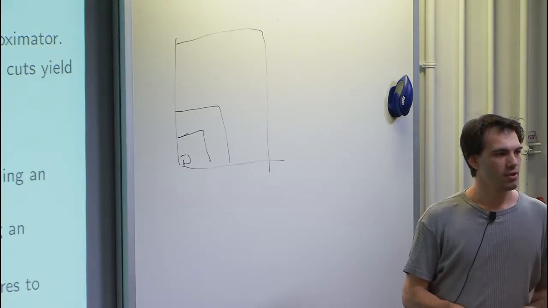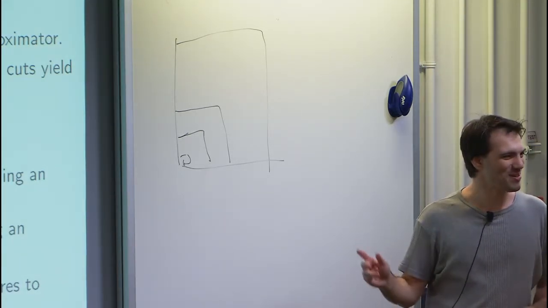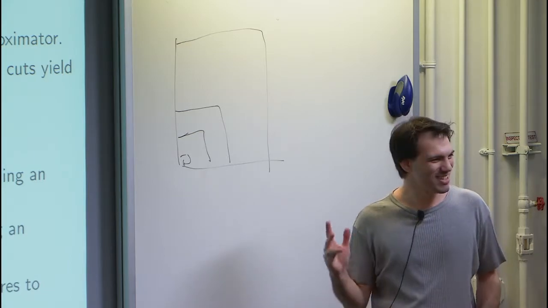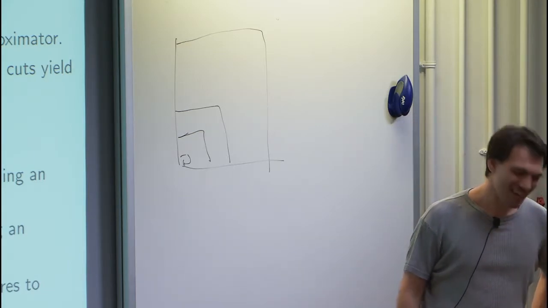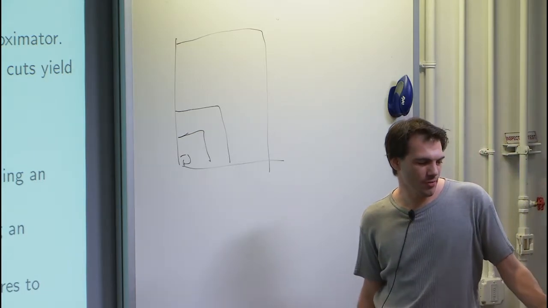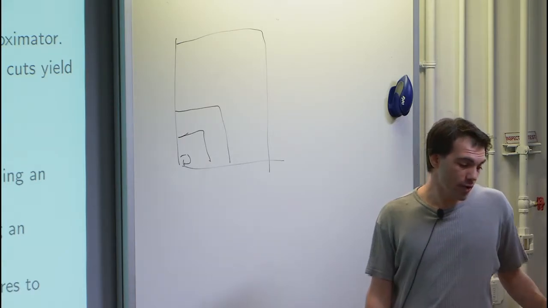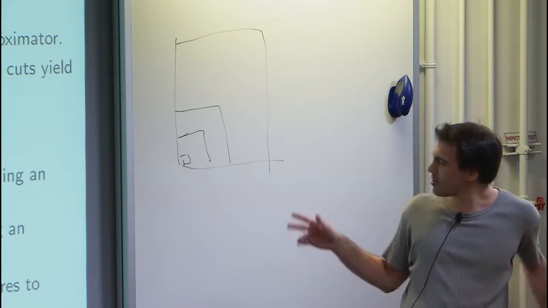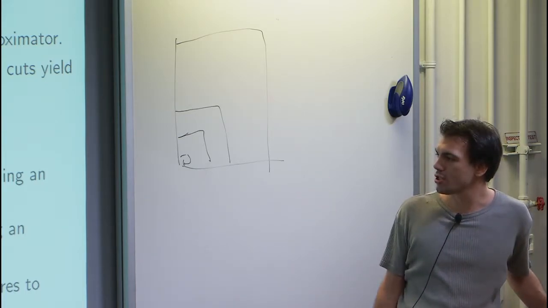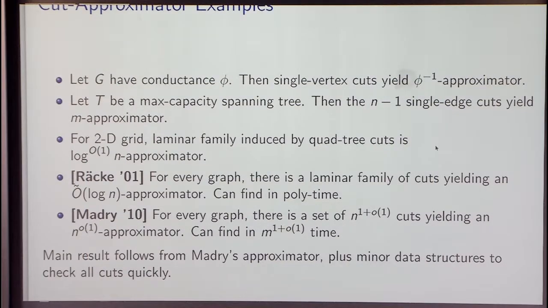I think it's 1, but that's an exercise. Another result due to Räcke is that for any graph, there's a similar kind of hierarchical decomposition that gives a log n approximator, and it can be found in polynomial time.